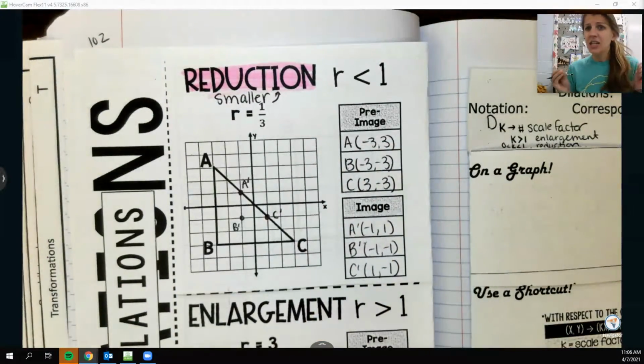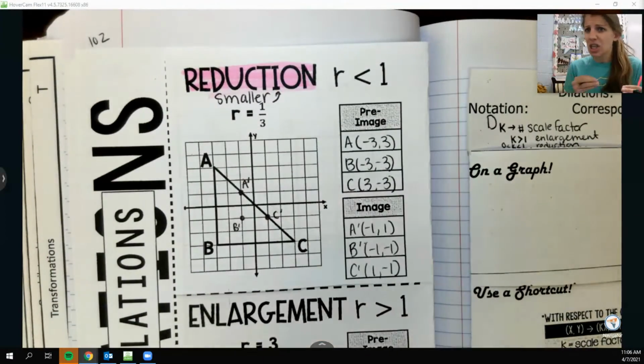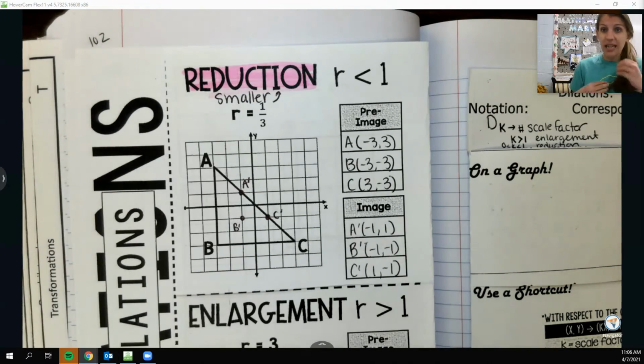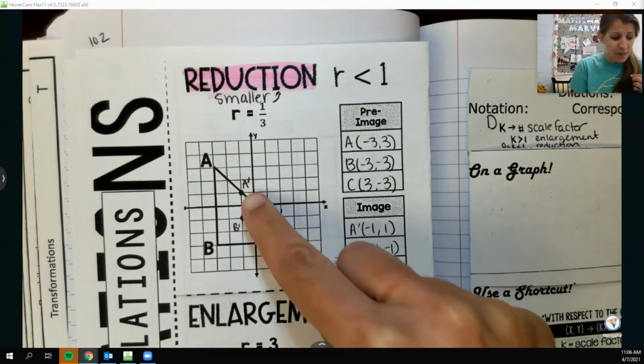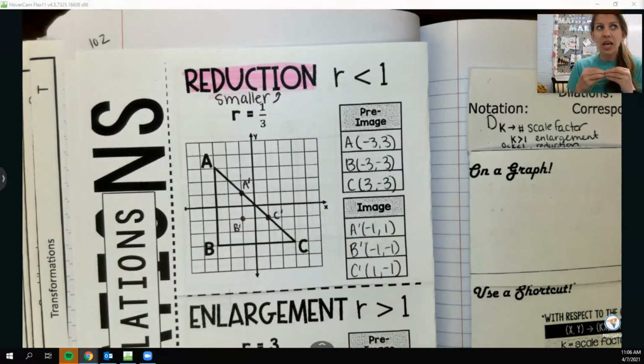The other thing too is it kind of changes location a little bit. I've noticed in the past that some students get a little bit confused by that. And the thing is, you almost have to think of the dilation happening from the center, right? From my origin center. So if I'm going from here to dilate out and make bigger, it's going to kind of push the shape out a little bit.